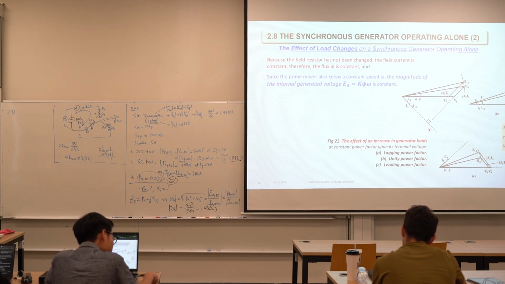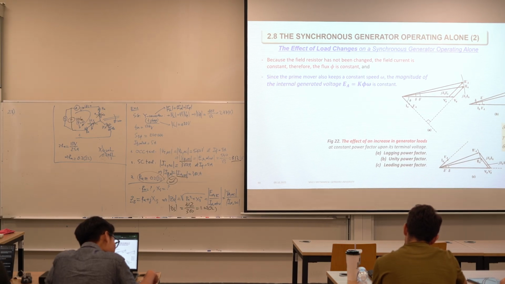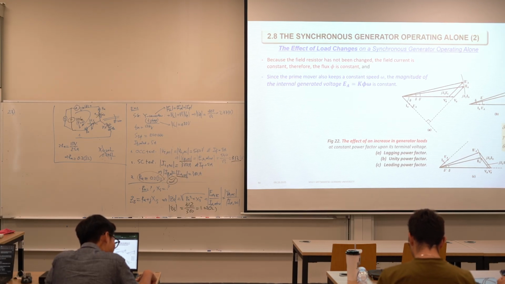How can we know? Because IA lags V phase. Okay, this is IA and V phase in the same direction. So this is unity power factor, or power factor is 1, and this is leading power factor because IA is leading V phase.